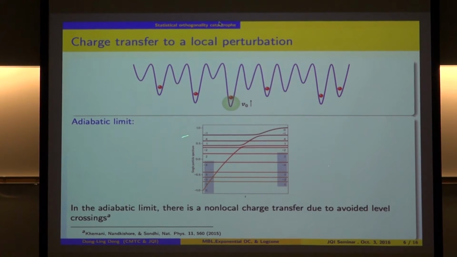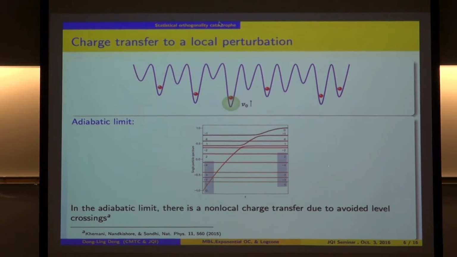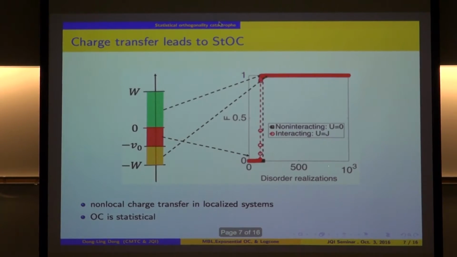Because this charge is transferred to some other site, this gives us the orthogonality catastrophe. As you can see from this charge transfer picture, the orthogonality catastrophe here is statistical. That means it depends on the random realizations of the samples, as you can also see from this figure. Let's set our chemical potential to 0.